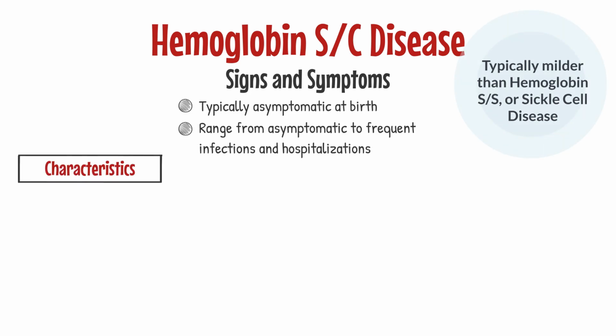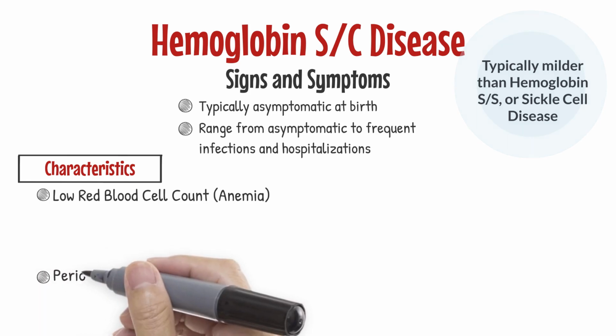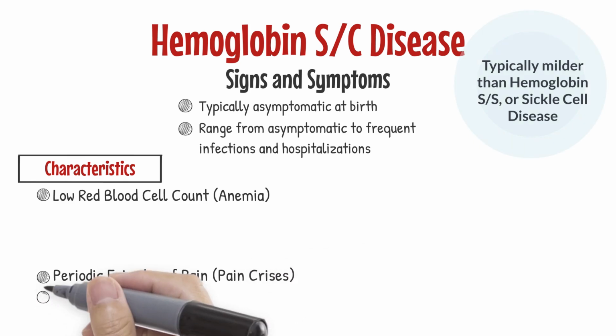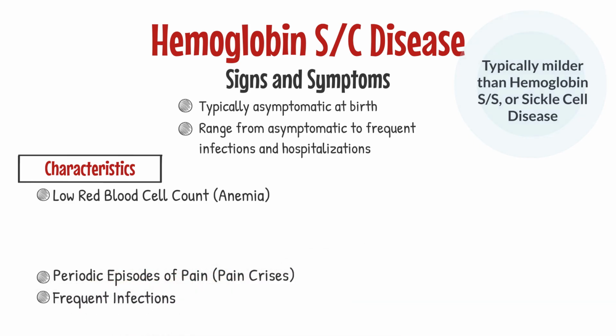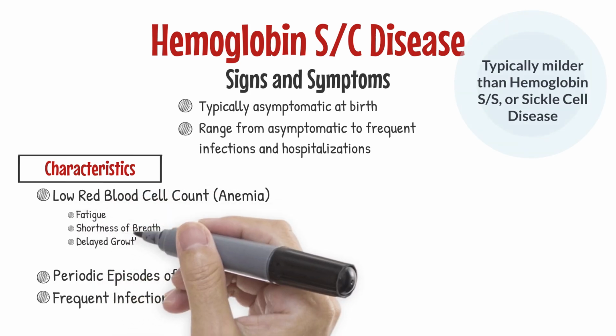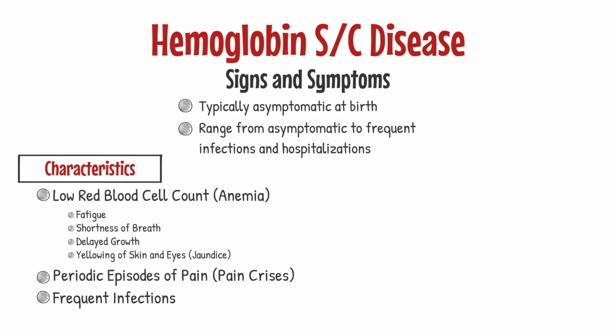Characteristic signs of hemoglobin SC disease are anemia or low red blood cell counts, episodes of severe pain, also known as pain crises, and frequent infections. Anemia can cause fatigue, shortness of breath, delayed growth, and jaundice, or yellowing of the skin and eyes.